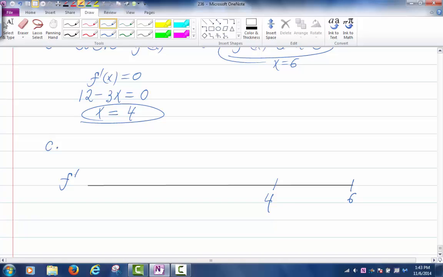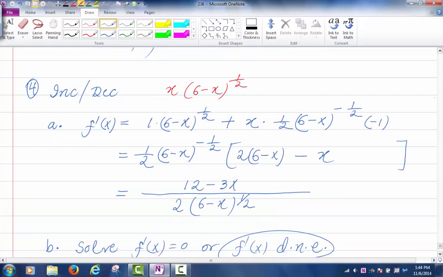So is the derivative positive or negative on the left side of 4? That's what we want to know. Well, that's pretty easy to determine. If you look at the derivative function, what is that? The derivative function is 12 minus 3x over something. The denominator is always positive here, no matter what x is. x is, of course, in the domain on the left side of 6, and we are taking the positive root of 6 minus x.